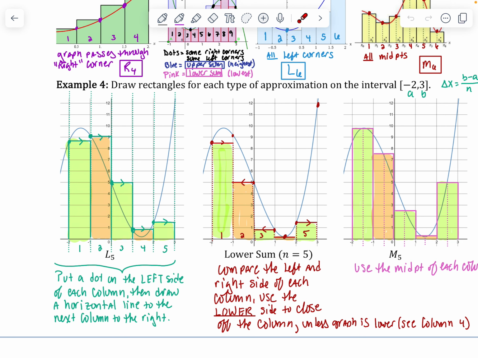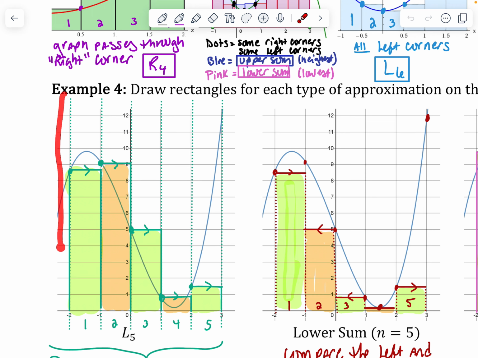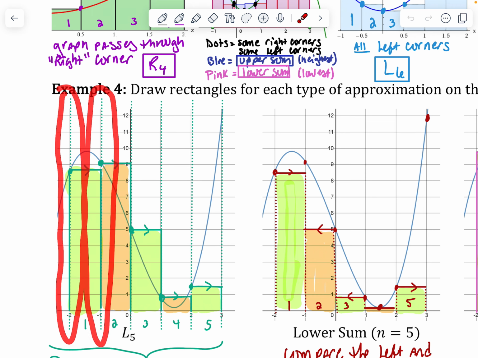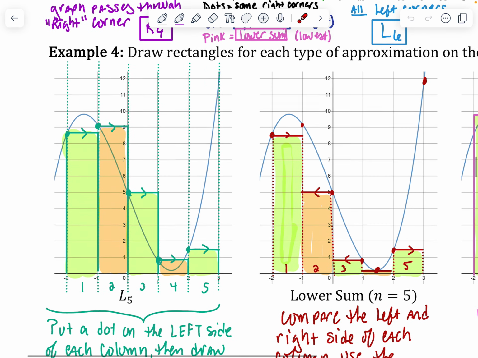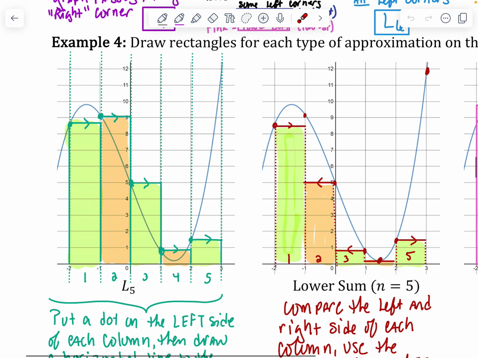And I would have seen my -2 and my 3. And so I would have drawn a column 1, 2, 3, 4, so that I can have my 5 1-unit width rectangles.